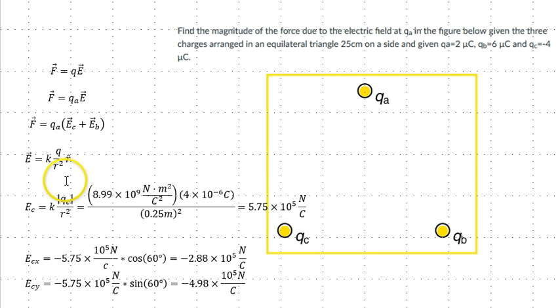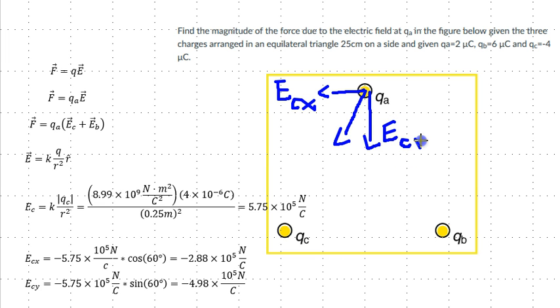In this instance, we get the magnitude, and because Q_C is negative, the field actually points towards Q_C. So we drew in E_C right there, and then we got the x component and the y component, E_CX and E_CY. And now we're ready to move on to the next piece, which is finding the electric field due to B.